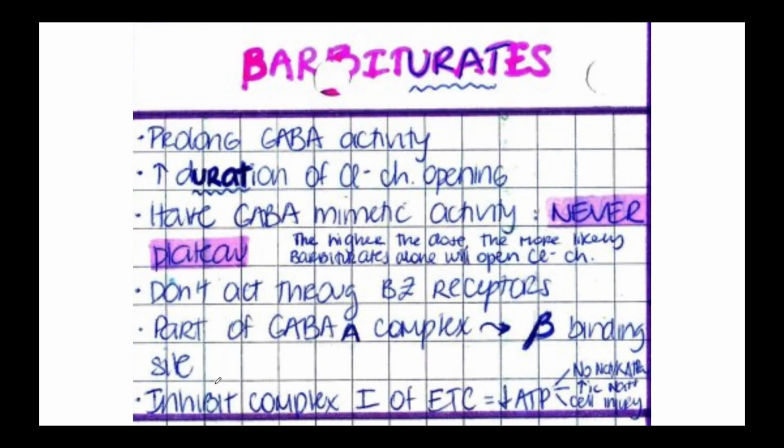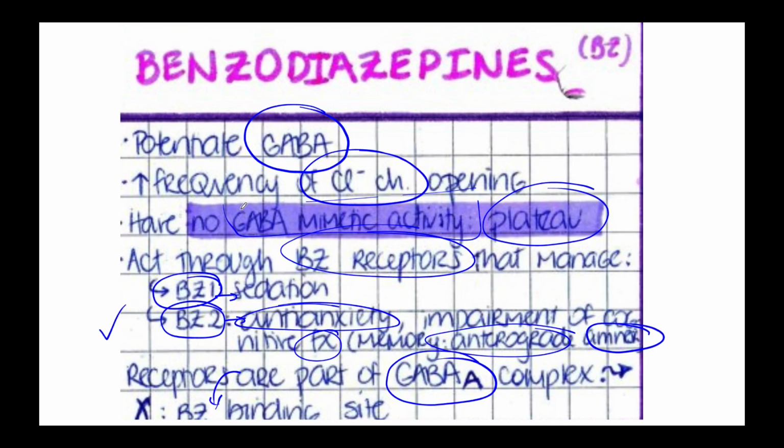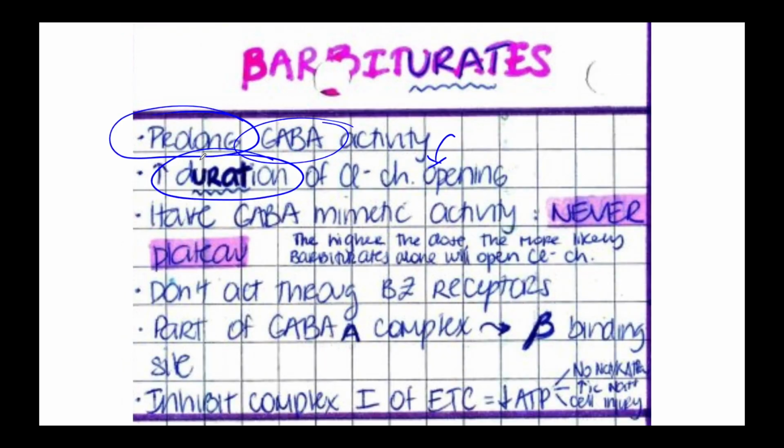Now five points about the barbiturates which you should not forget. Typically they prolong the GABA activity; they increase the duration of the chloride channel opening. Whereas benzodiazepines increase the frequency of chloride channel opening, barbiturates increase the duration. You got the important difference? This is the favorite area.